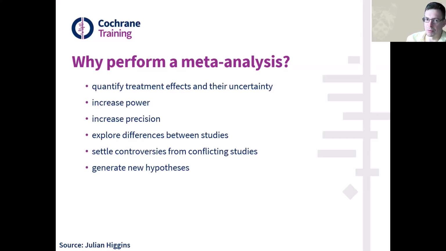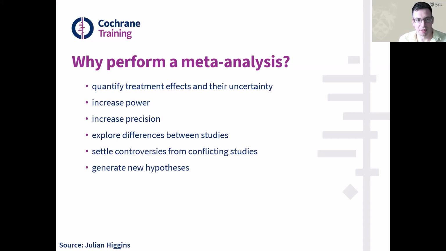So we're quantifying the effects in each study with a measurement of its uncertainty, its confidence interval, so that we can look at the results from each study and compare them head to head in a clean and clear way. So an important part of meta-analysis is simply looking at the data we have from each study, and being able to do that clearly and simply.